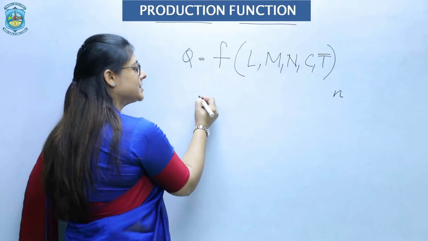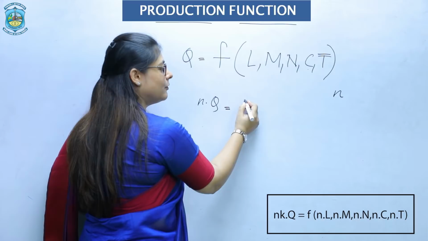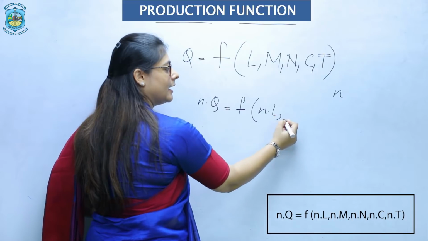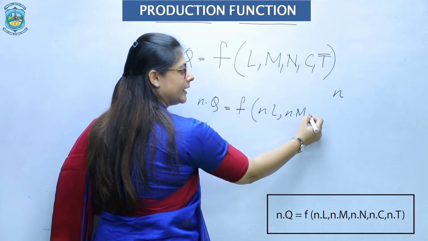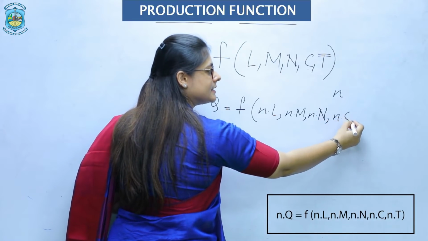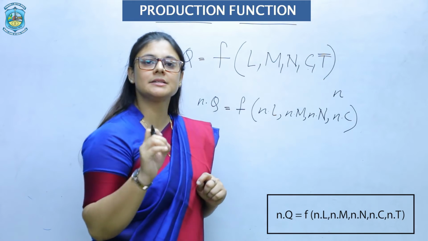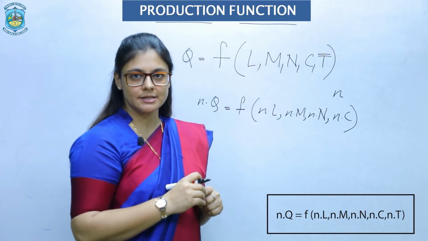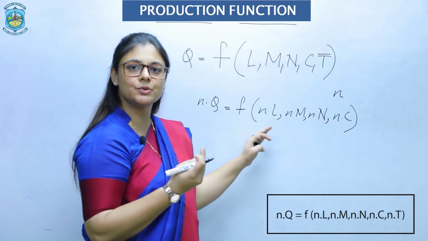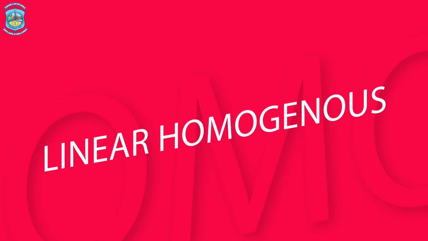So therefore your equation now will be n times q is equal to function of n times L, n times M, n times N, n times C. We are not going to include the T bar here because the state of technology remains constant. So therefore this is an example of the constant return to scale. This is known as a linear homogeneous production function.